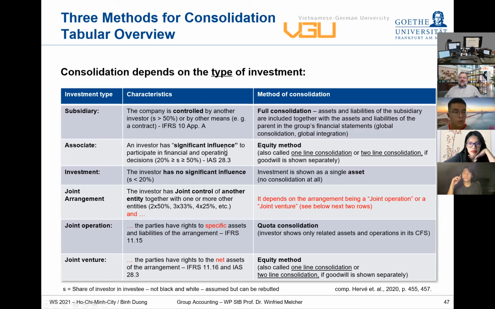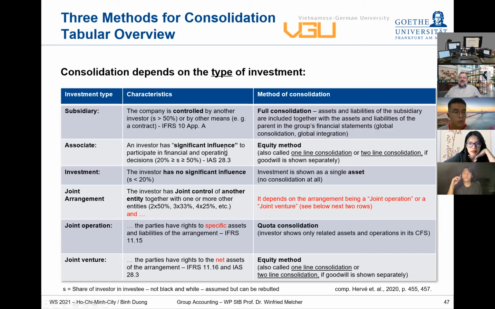So that is the method for associates. A normal investment, where the investor has no significant influence, is just transferred from the single financial statements of the parent to the group accounts as one single asset, full stop.